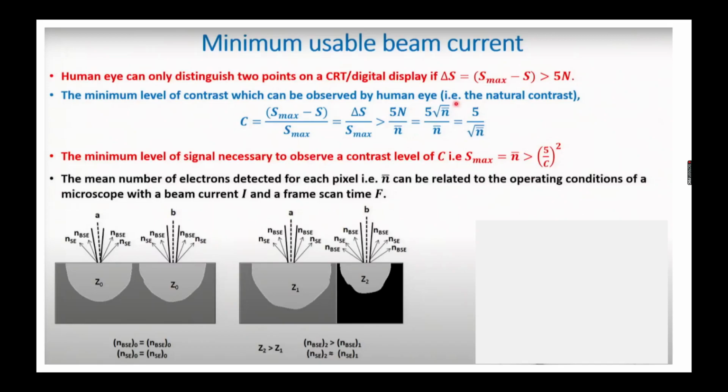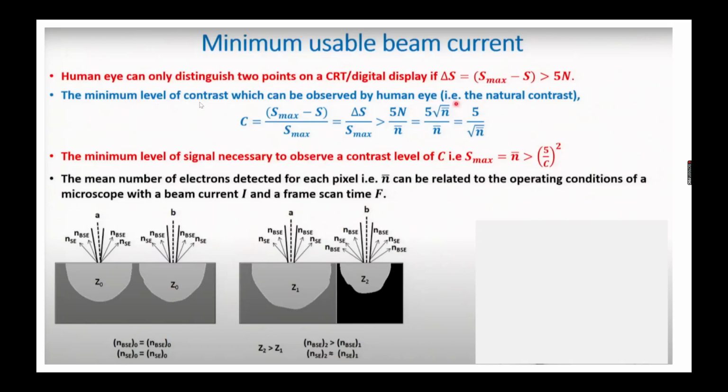Okay, so minimum usable beam current. The human eye can distinguish only 2 points on a CRT digital display when delta S is greater than 5n.